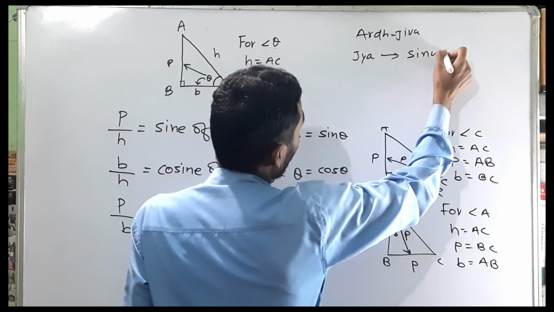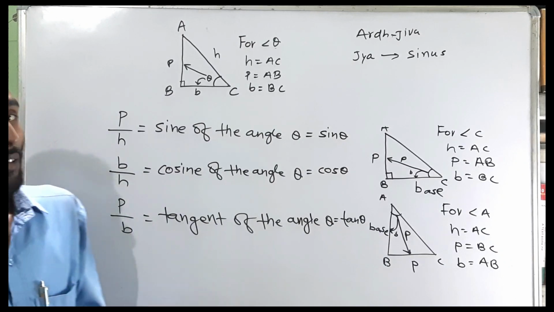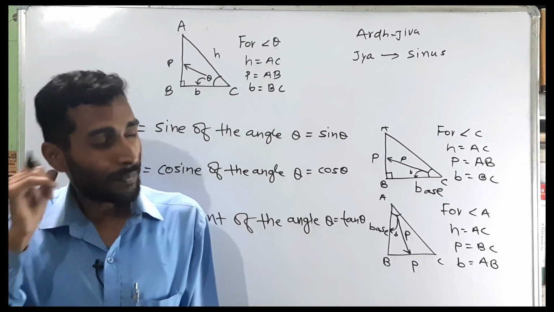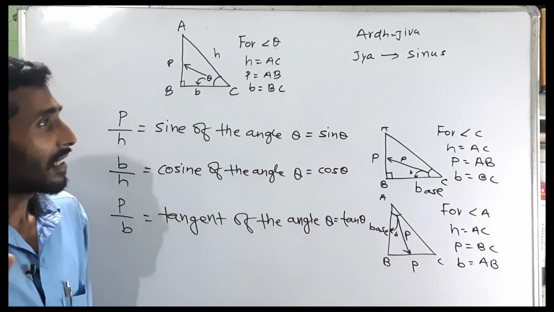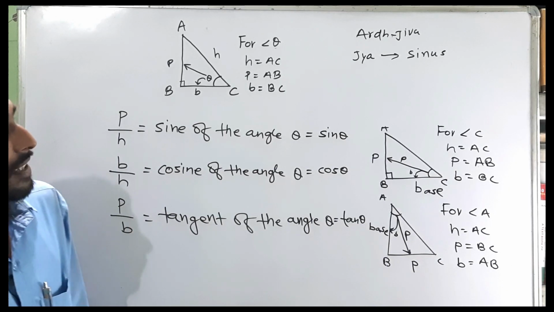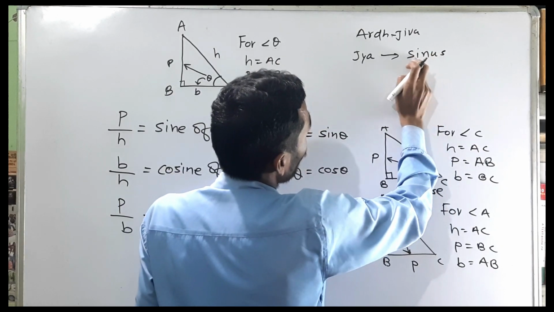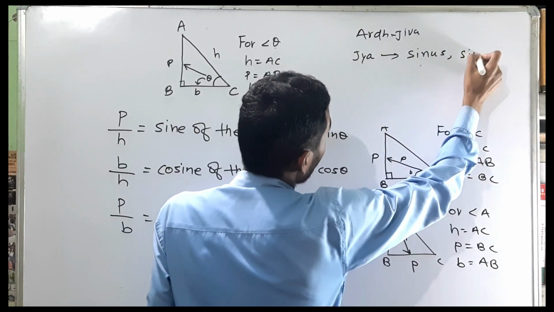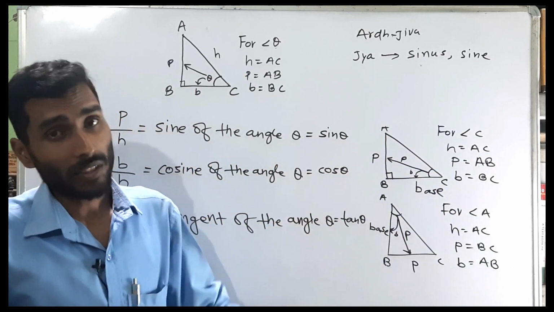Then Edmund Gunter, an English mathematician, changed sinus to sine, and then after some time it was abbreviated to sine theta.